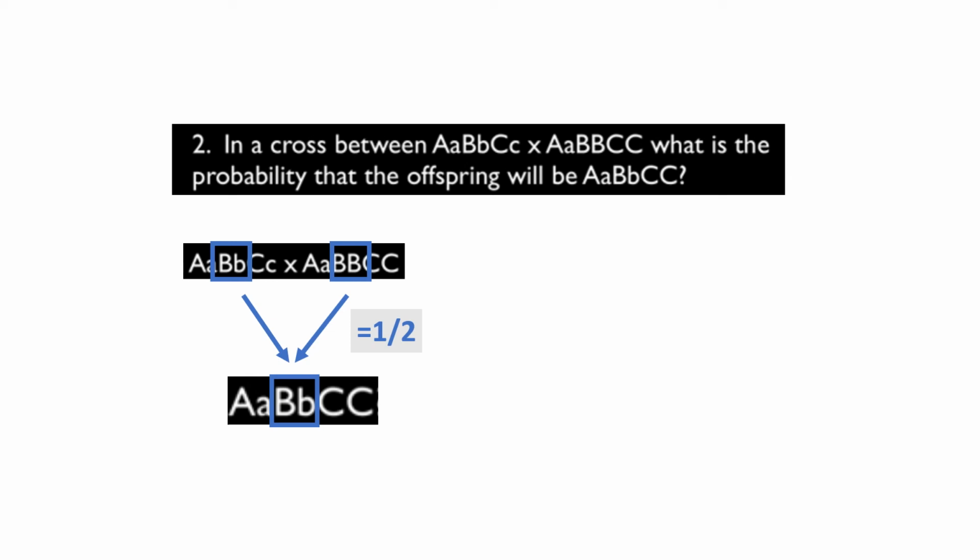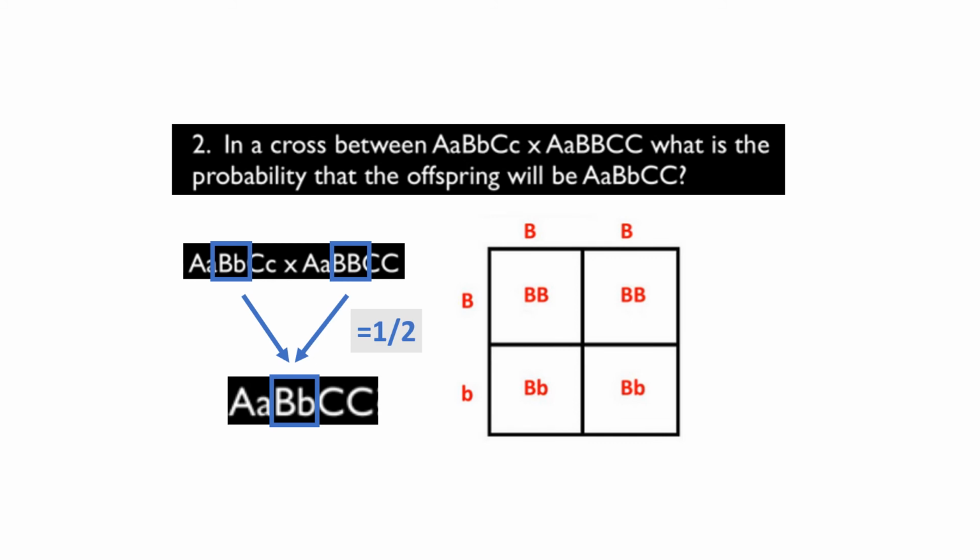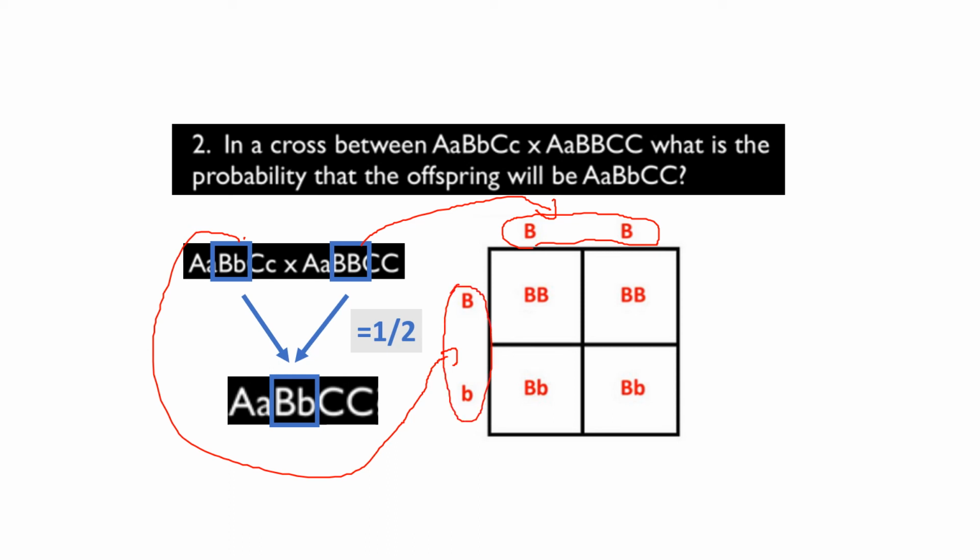Some of you have done so many of these exercises, or maybe in the future for the test you will do it just by using your memory, but you can also make the Punnett square. Here you have this one, and here you have this one. This one has the homozygous dominant, and here you have the heterozygous.